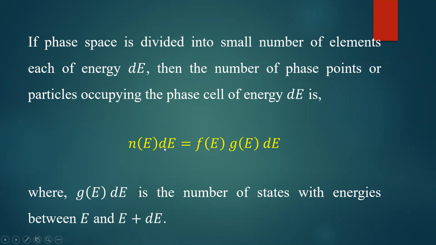When you multiply by dE, this gives you the number of particles having the energy between E and E plus dE. So this is how we can express the number of particles in a state in a given system in terms of the distribution function and density of states. If you take this product, you get the number of particles. You must remember this.